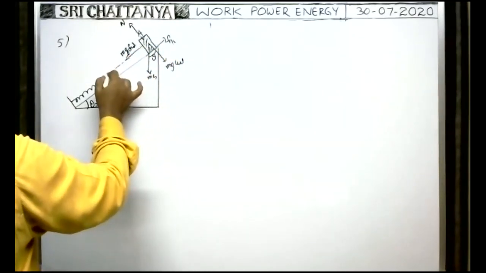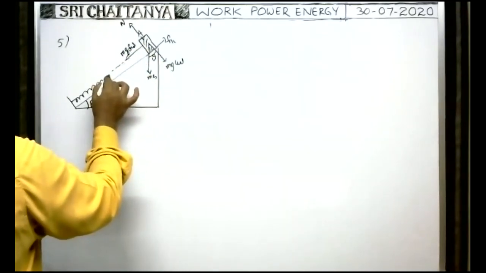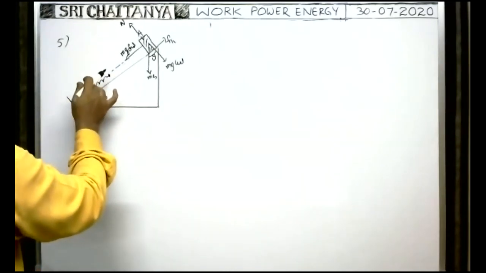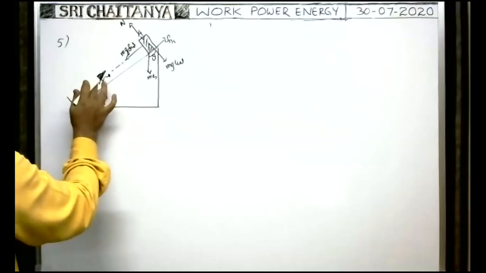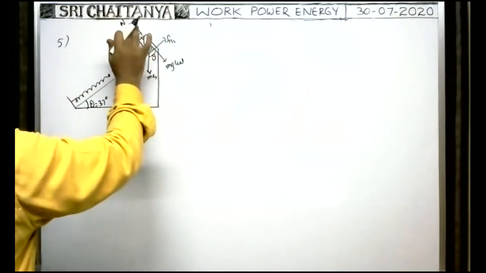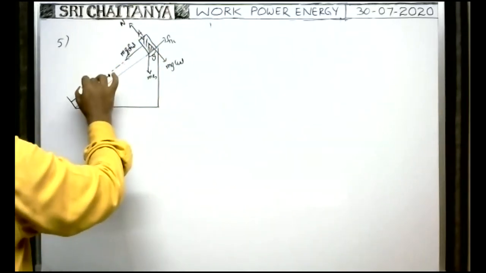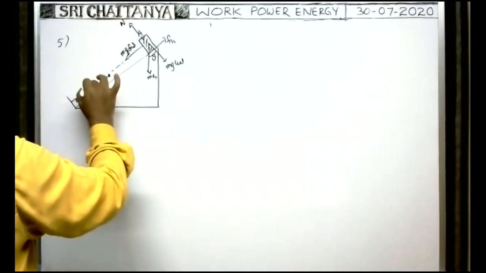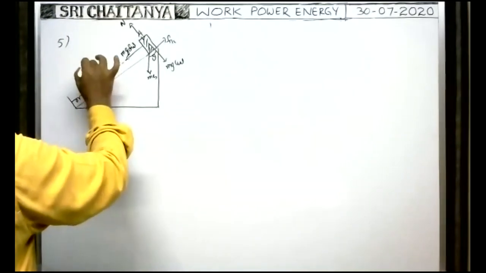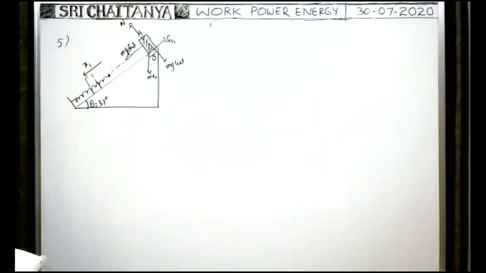Whenever the block comes down here, the velocity gradually increases, and whenever it just touches the spring, the spring starts compressing. Then the spring force acts on the block in the opposite direction. Due to that, the speed of the block gradually decreases, and whenever the spring compresses by a certain length, say x1, the block comes to rest momentarily.